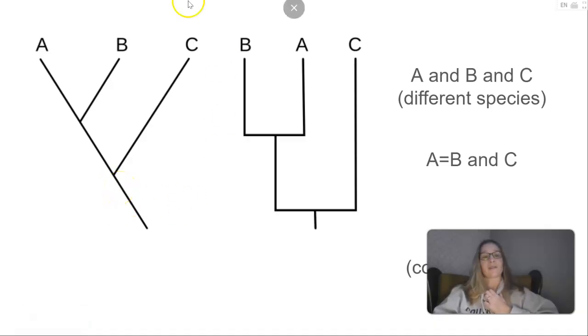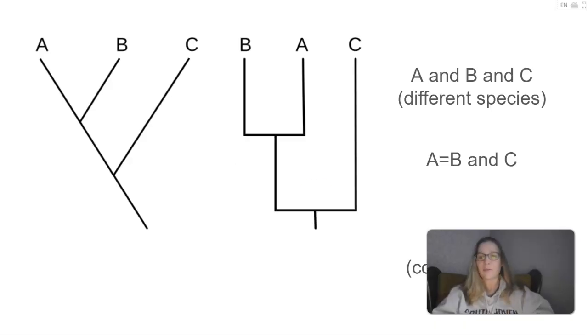There are cladograms that look like this, and then there are also cladograms that look like this. These are basically saying the same things. When two different organisms become different species, that's when you see a split like this. This is the same thing that's happening right here. So these two cladograms would be saying the same things, just in different formats.